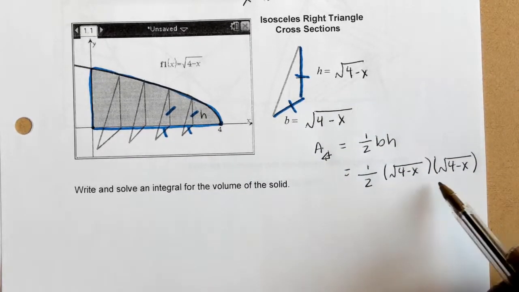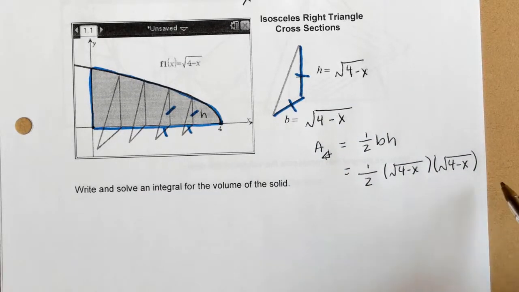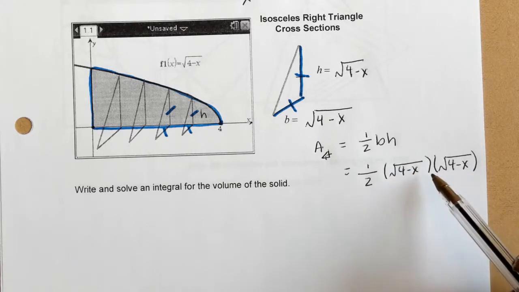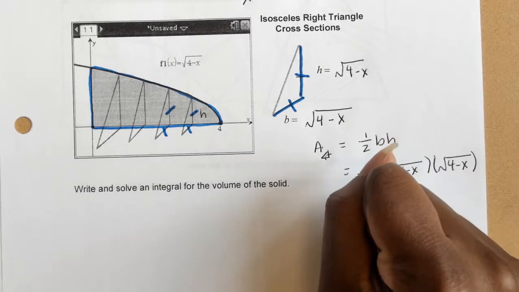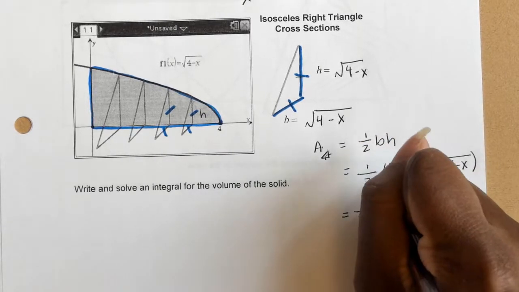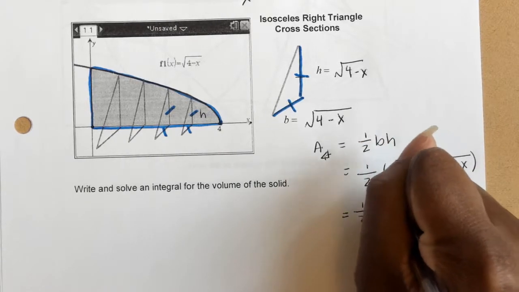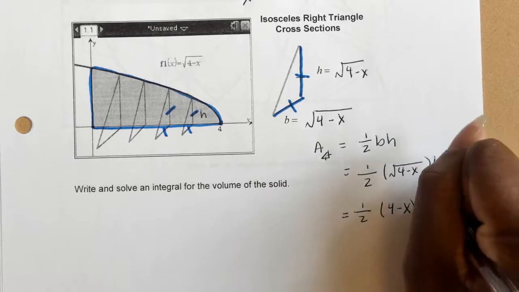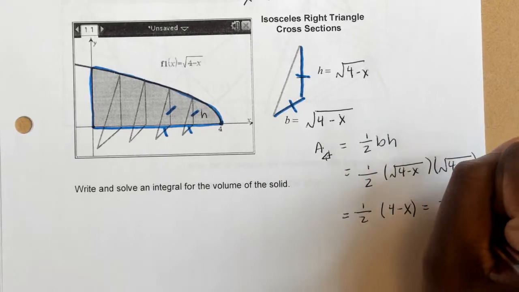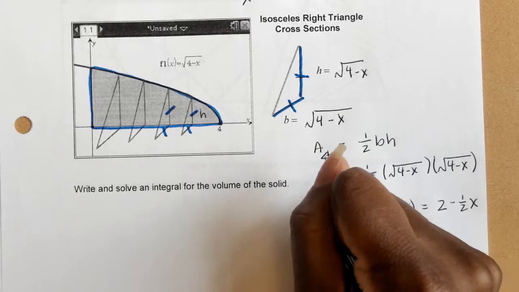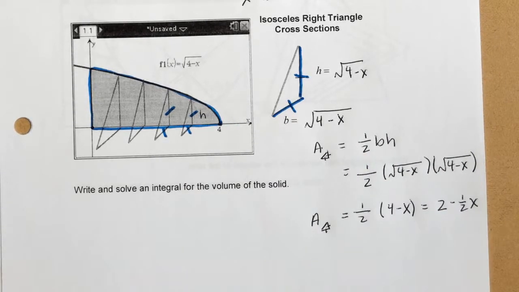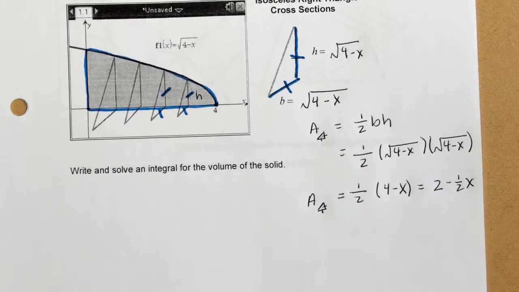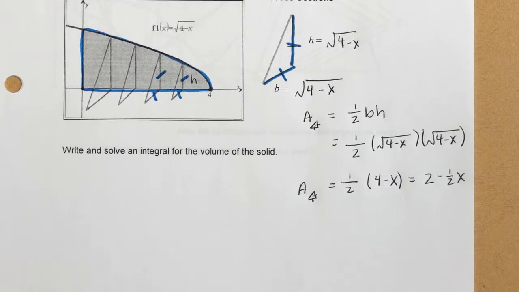When we simplify this, since these are the same, it's as if taking the square root of 4 minus x squared. So we have 1/2 times 4 minus x, which is 2 minus 1/2 x. So that's the area of one of our isosceles right triangles. Okay, that's how we find the area for one of them.